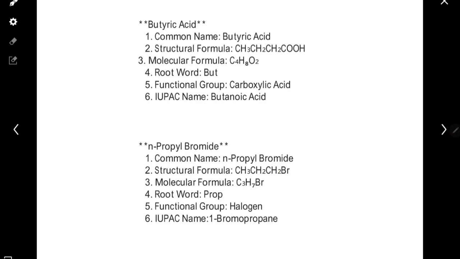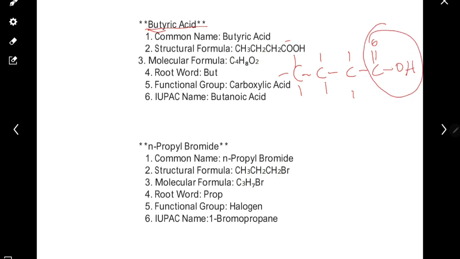Now moving on to the next one, here we have butyric acid. Since it is butane, there have to be 4 carbon atoms. We put 4 carbon atoms here, so this is CH3, CH2, CH2, C double bond O and OH here. This is a carboxylic group, so what it ends with is oic.